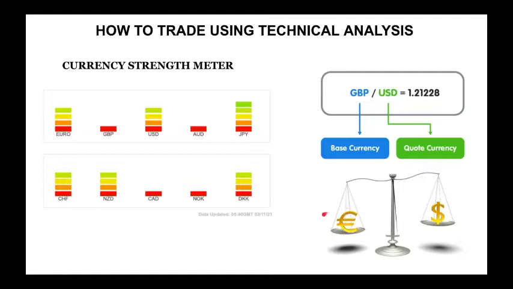So if the euro or the pound is stronger, it's going to drag the US dollar in its direction, making the exchange rate go up. Because when you put the pound here and the dollar here, if the base currency is stronger, the price tends to move up.